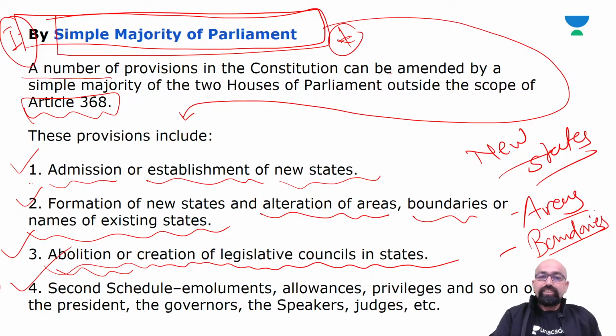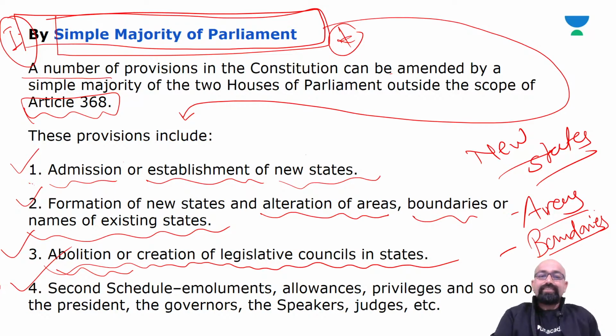Admission or establishment of new states, formation of new states, alteration of areas, boundaries, or names of existing states, abolition or creation of legislative councils in states.